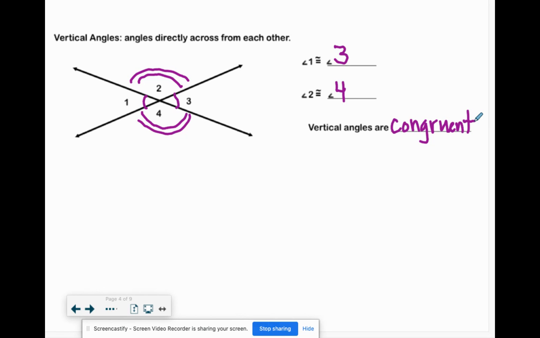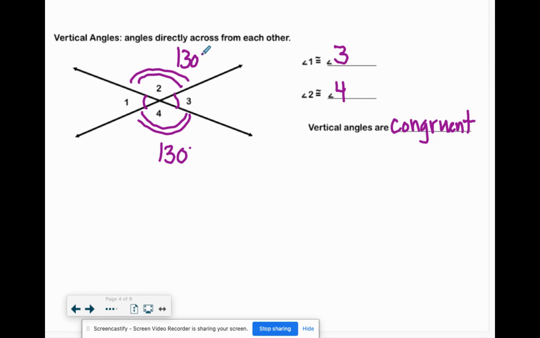Let's pretend that angle 4 is 130 degrees. So what would angle 2 measure? Yeah, because they're the exact same. Perfect. And then if we look here, do you see how angle 1 and 4 make this line? So what do they have to add up to if they make a straight line?